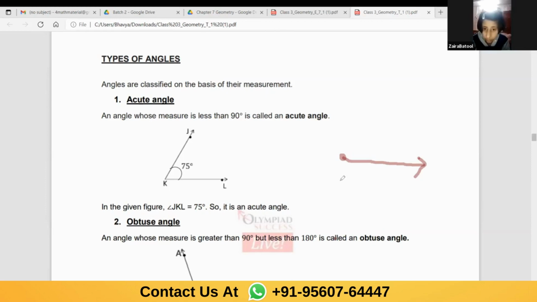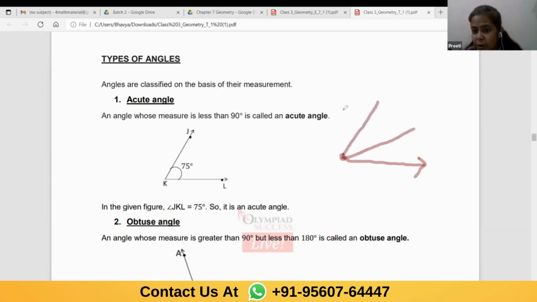Once I start making the angle, anything which lies between 0 and 90 degree is called an acute angle. Anything in between 0 degree and 90 degree is known as an acute angle.